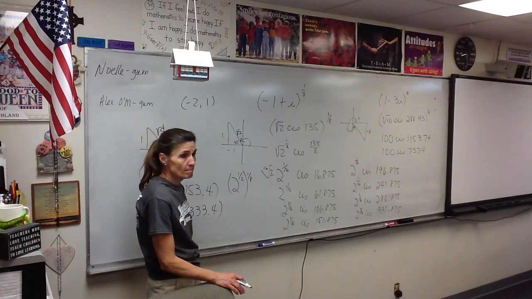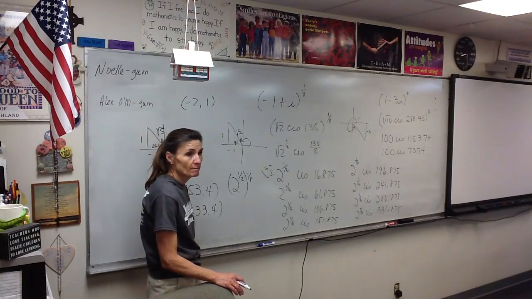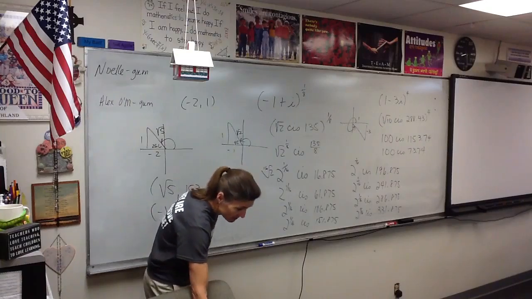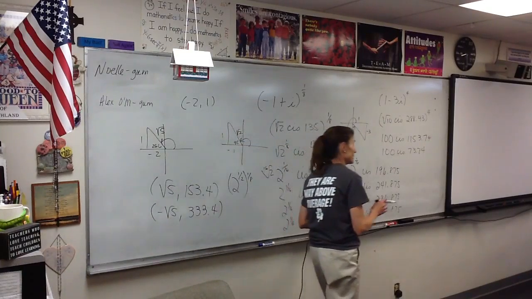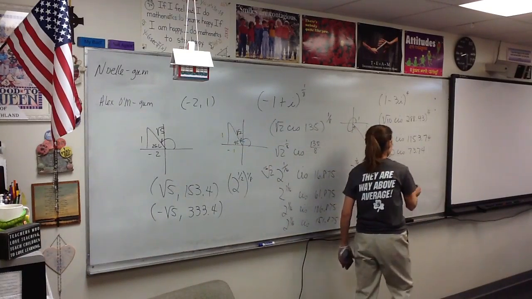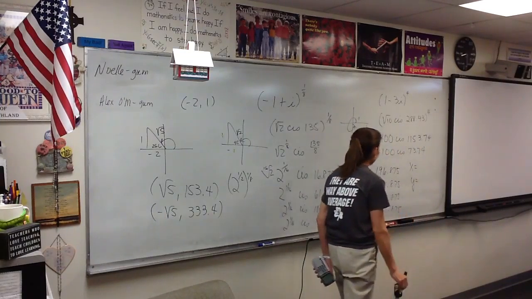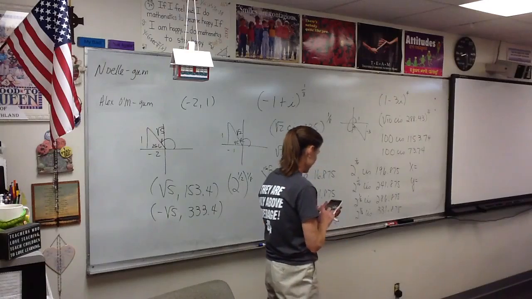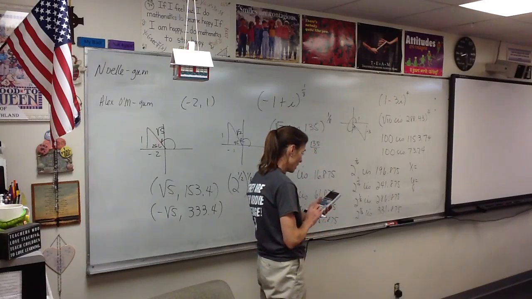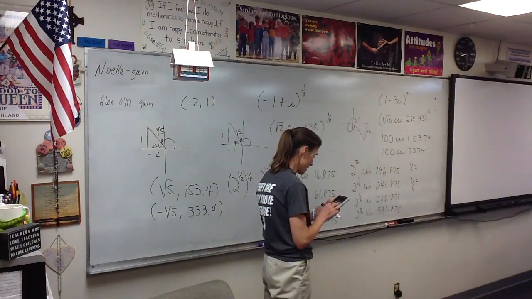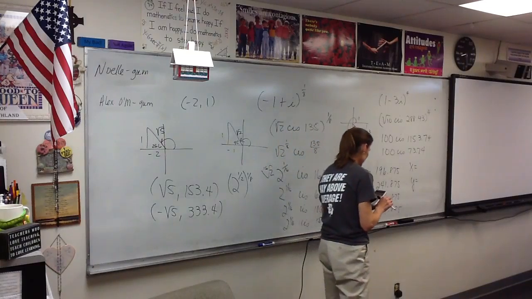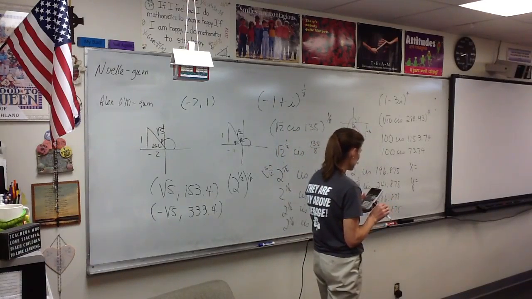Now, am I done? No, because the directions said answer in complex form, or rectangular, whatever it said. So I have to have x and y. And how will I get x and y? 100 cosine. I got 28.